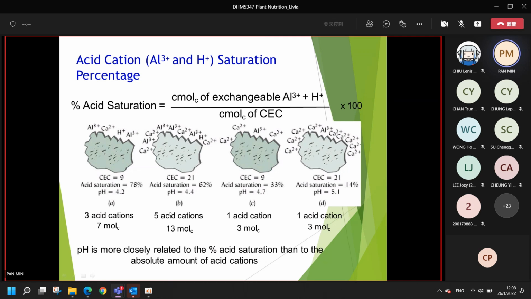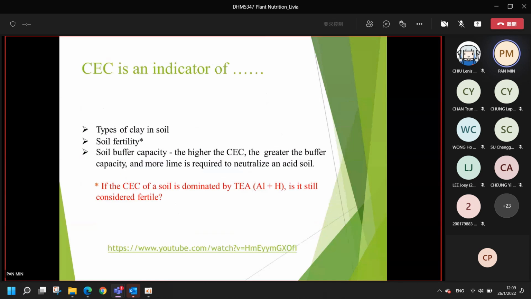same as B and D, even though they have a high CEC number, but type B is not as good as type C. Therefore, you can see that A and B also have a lower soil pH than C and D. So pH is more closely related to the percentage acid saturation than to the absolute amount of acid cations.